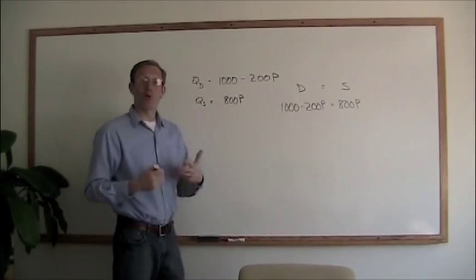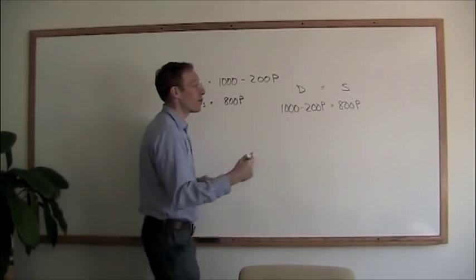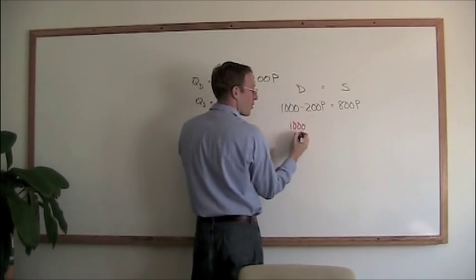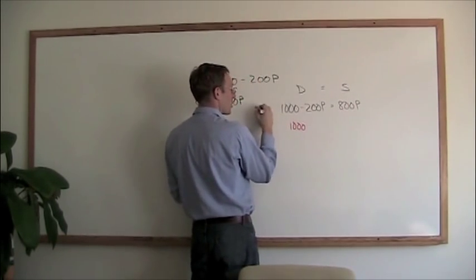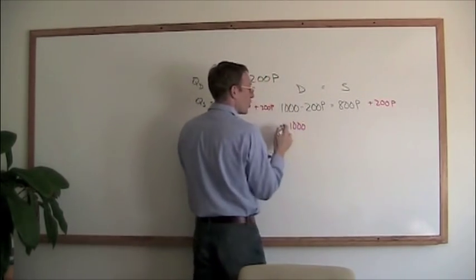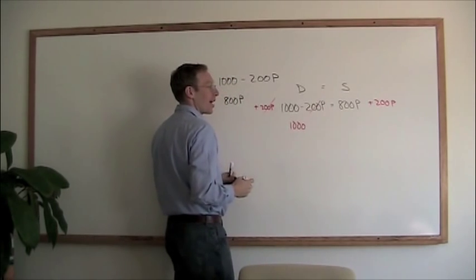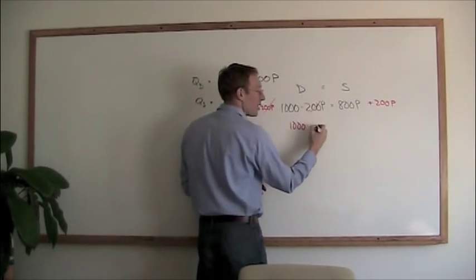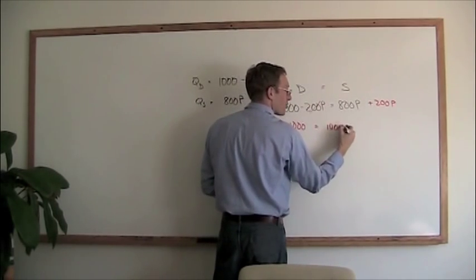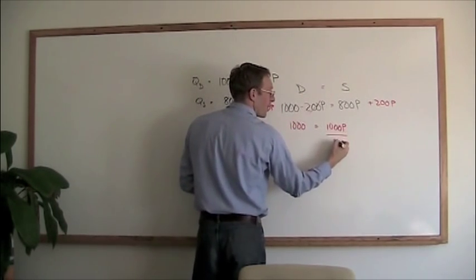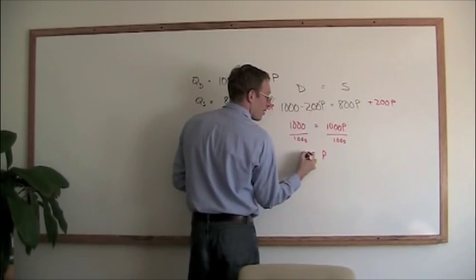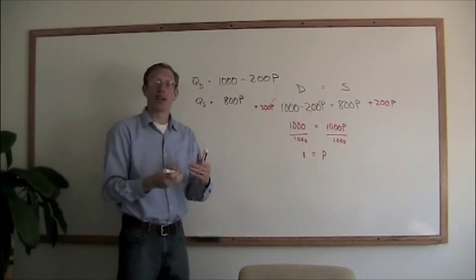And we just solve for p. In this case, we would take all of these p's over to this one side, basically adding 200p to each side. So this side would cancel out, leaving us with 1,000, equal to 800 plus 200, which gives us 1,000p. If we divide each side by 1,000, we have 1 equal to p. That's the price for this product.